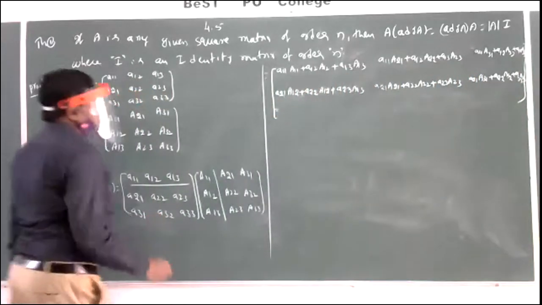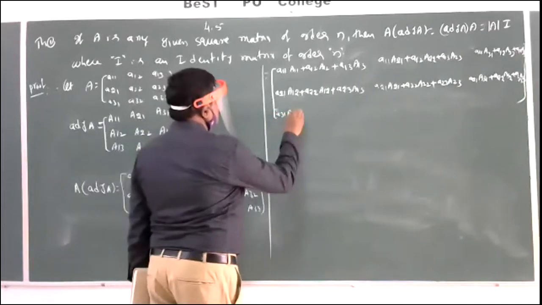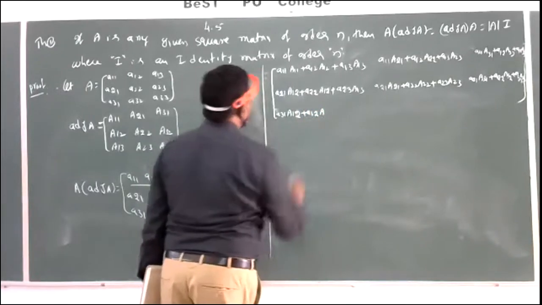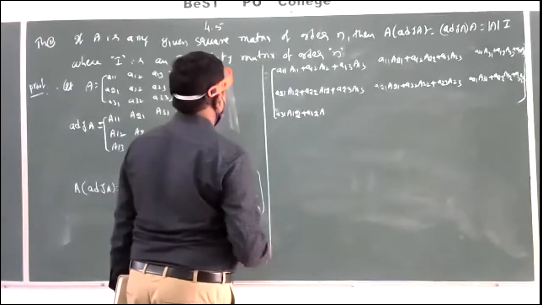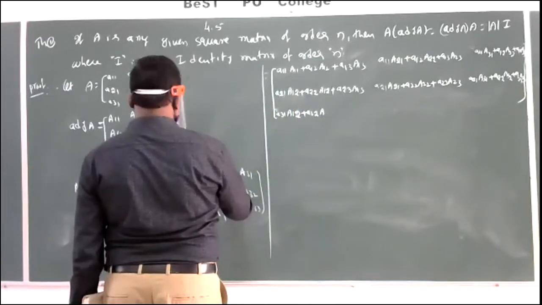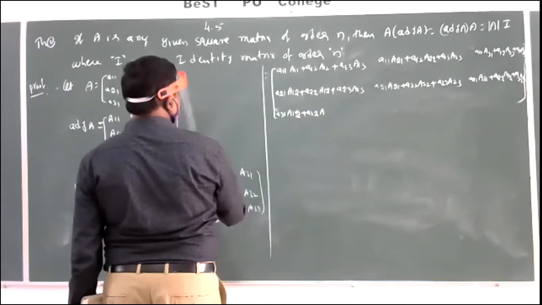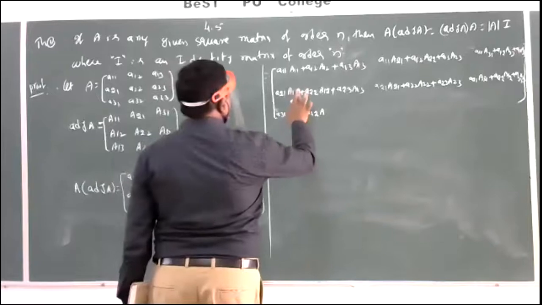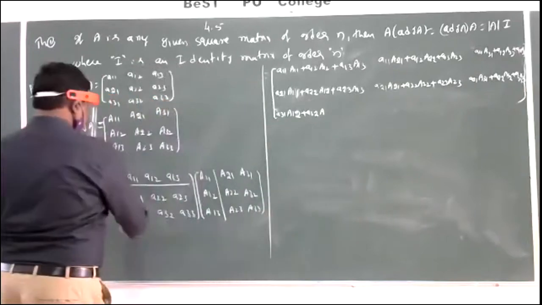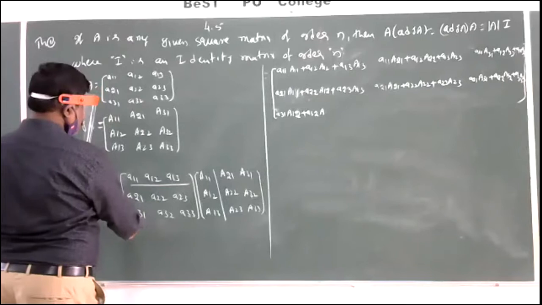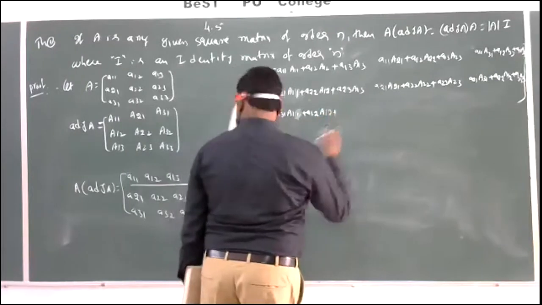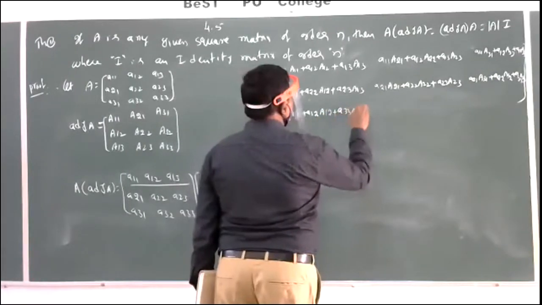Next, third row, first column: A31 capital A11, A32 capital A12, A33 capital A13.